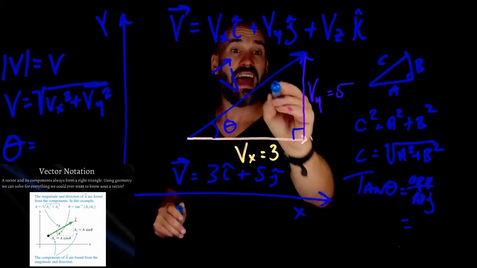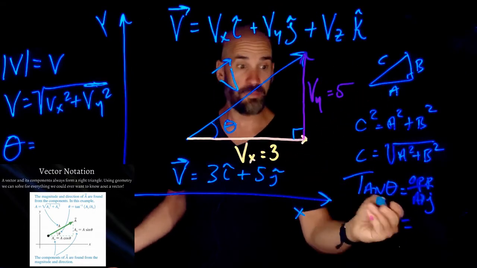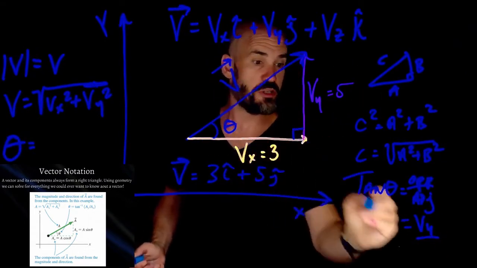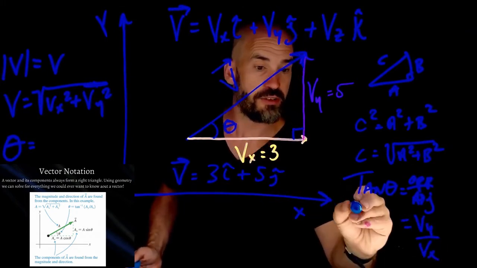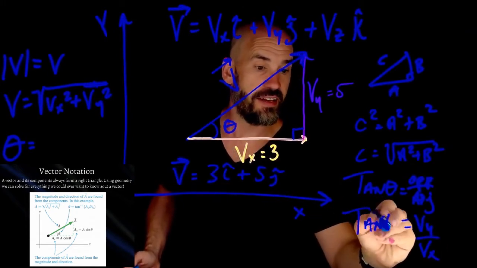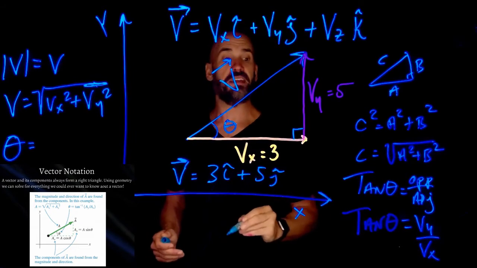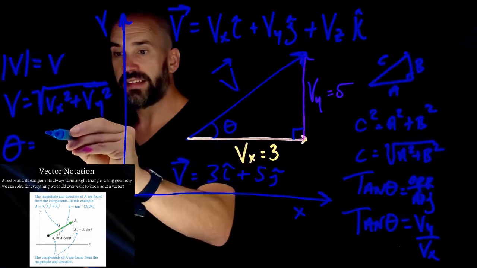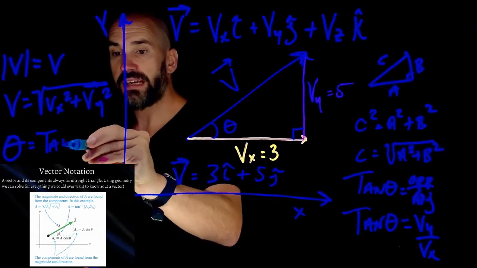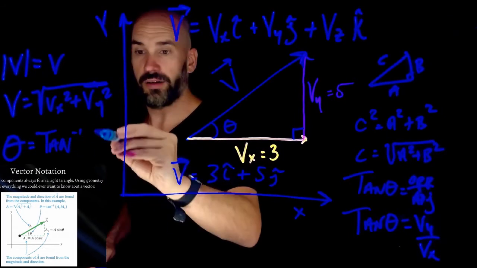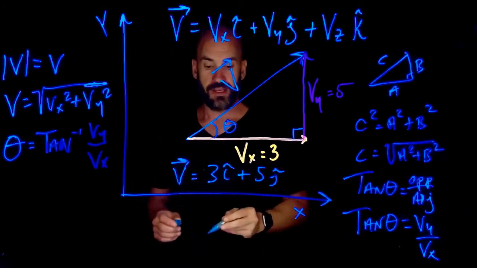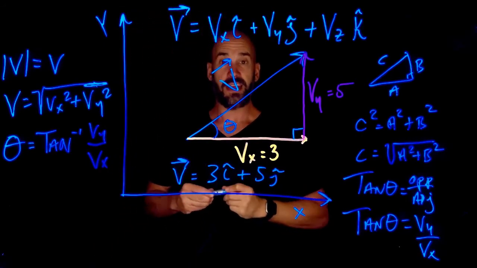But in this case, opposite is just Vy, so that's really Vy over adjacent, which is Vx. So tan theta is Vy over Vx. We take the inverse tan to solve for the theta angle, and we see that the angle is always going to be inverse tan of Vy over Vx. Okay? Piece of cake.